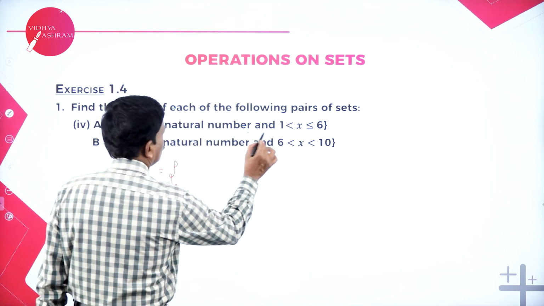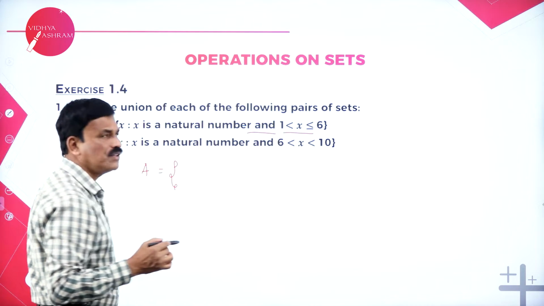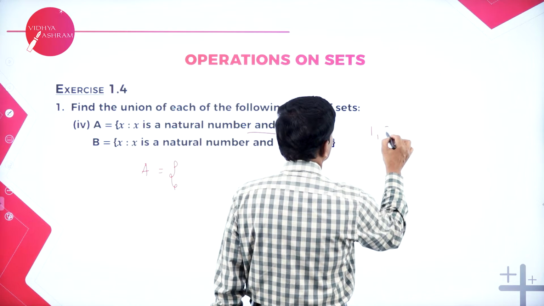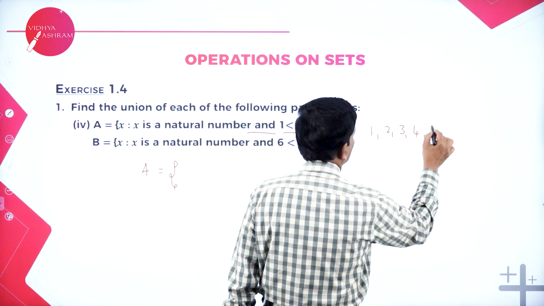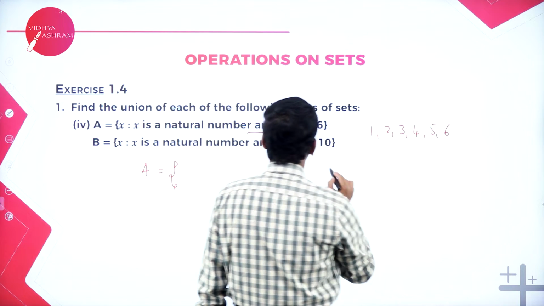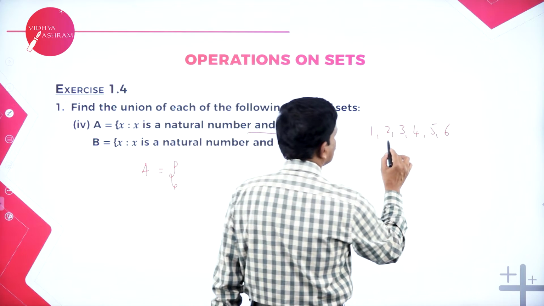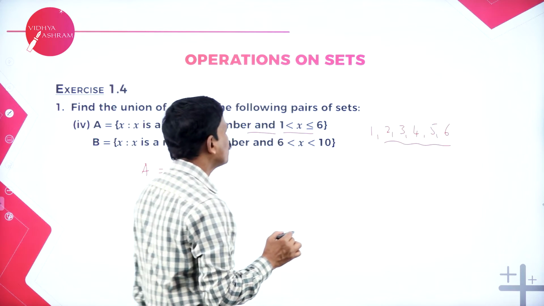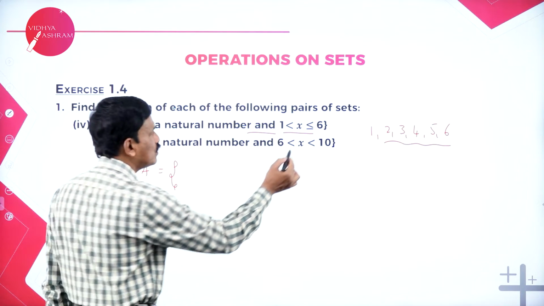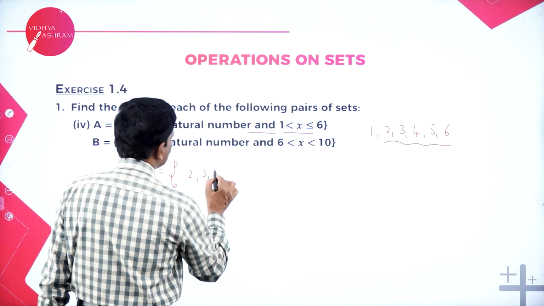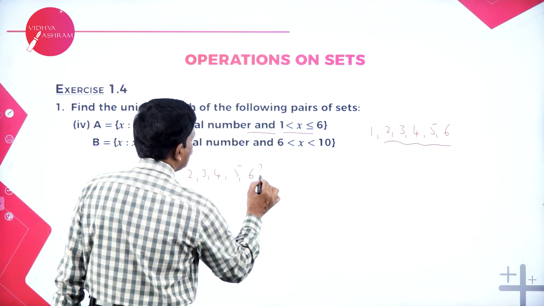A natural number, x lies between 1 and 6. The values are 1, 2, 3, 4, 5 and 6. The values of x in between 1 and 6 are nothing but 2, 3, 4, 5. x is less than or equal to 6, means including 6 also. So, 2, 3, 4, 5 and 6.